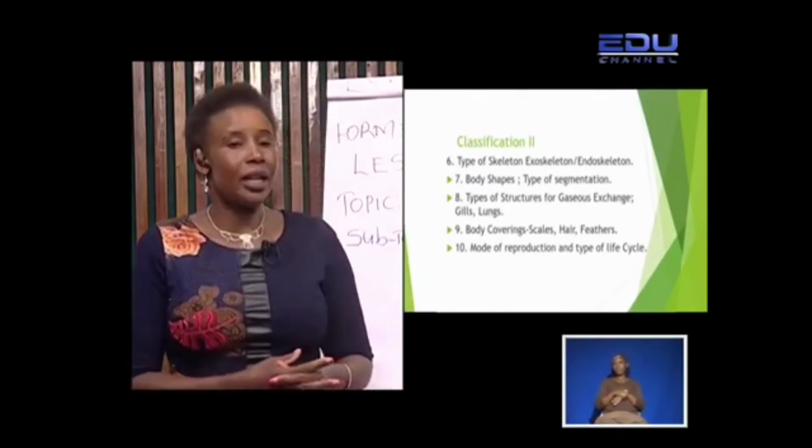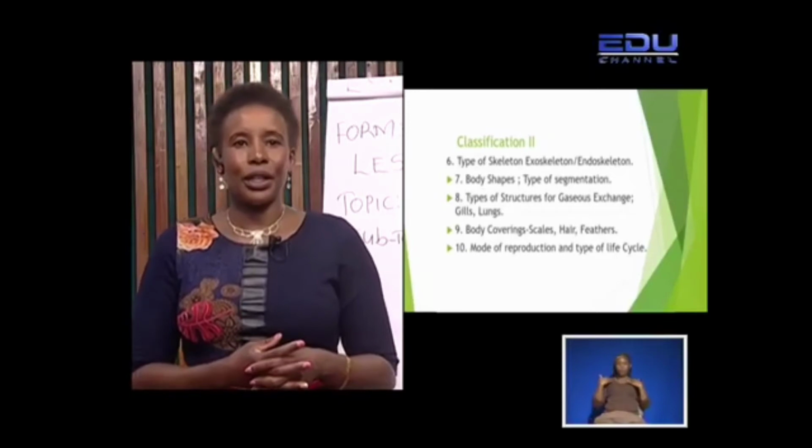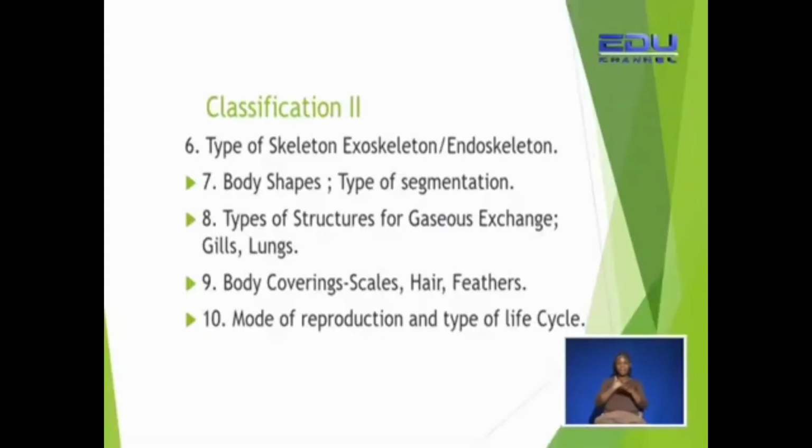Another feature is the body coverings. So we have different body coverings such as the scales for fish, we have hair, and others like birds have their bodies covered with feathers.